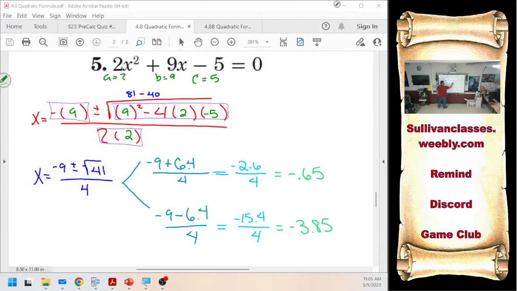If that's a -5, now this is plus 40. 81 plus 40 is now 121, which is a perfect square. Now this is 11. And everything comes out so much cleaner. Okay? I would have a 2 over 4.